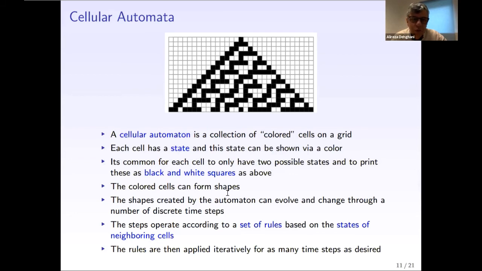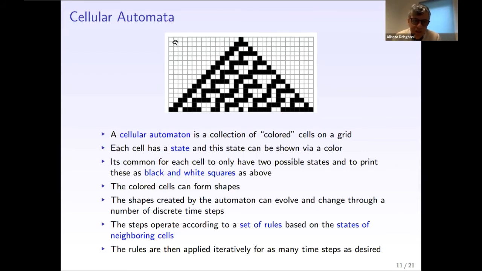The colors can form shapes. As you can see, they have a kind of pyramid here based on the state of the cells. It can be black or white. The shapes created by the automaton can evolve and change through a number of discrete time steps. The steps operate according to a set of rules based on the state of neighboring cells. So we have a grid.